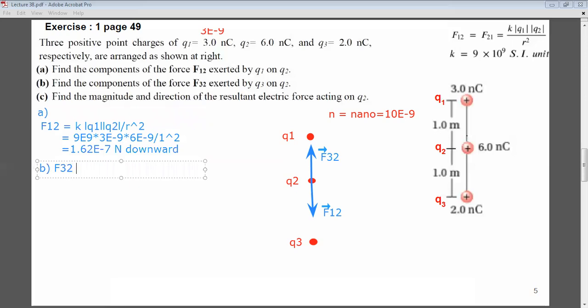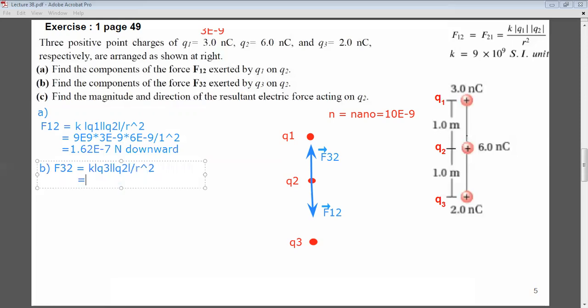So F32 similarly is K Q3 times Q2 divided by R squared.